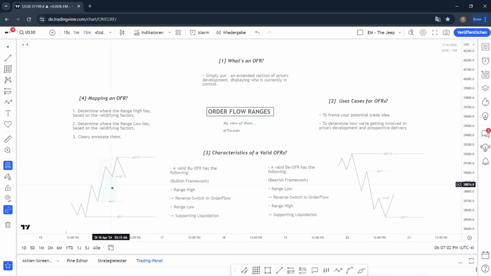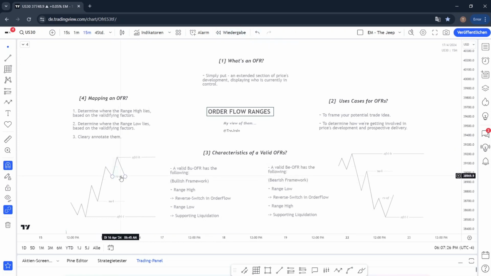Otherwise, you might find situations like this happening where you're thinking, oh, this is actually a range for me to play from, but it doesn't fit the criteria. So what makes it a valid range? Then it merely functions as a reverse switching order flow to confirm the actual range high. This is where it gets a bit more interesting. How I know for certain this is not a range low is because there's no support and liquidation.